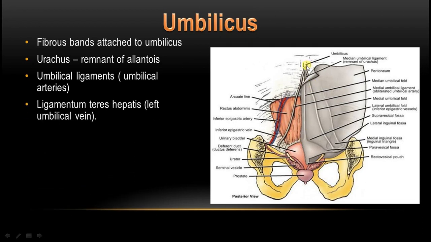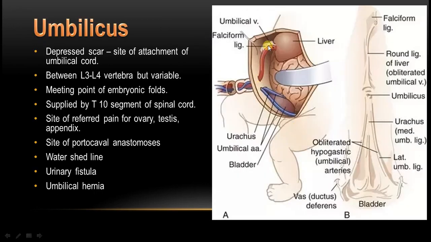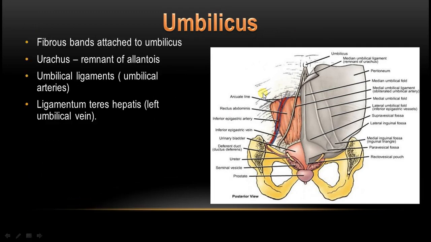Then from here, from the ligamentum teres to the liver, you have the left umbilical vein, which is obliterated as the ligamentum teres hepatis. So this ligamentum teres hepatis is actually the obliteration of this part, the obliterated left umbilical vein.